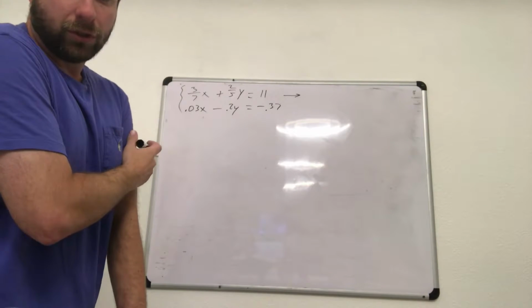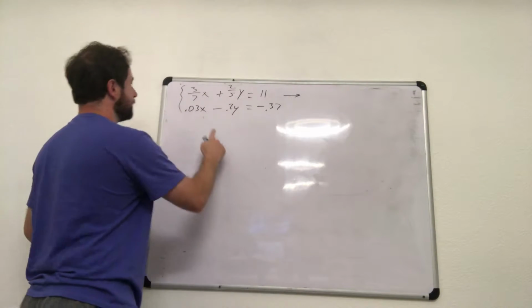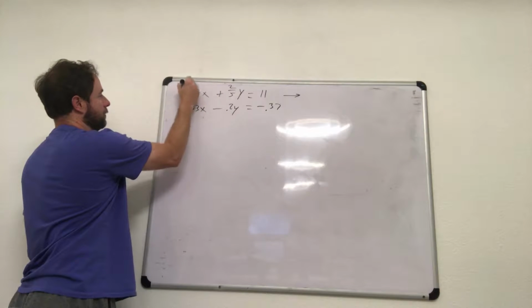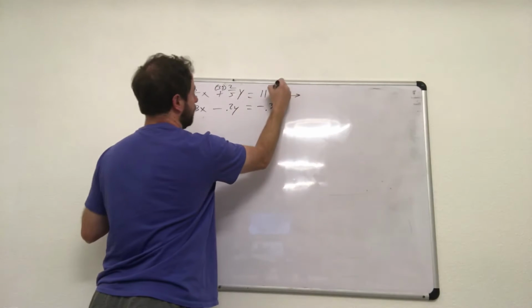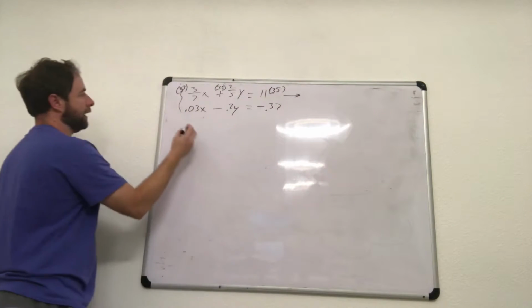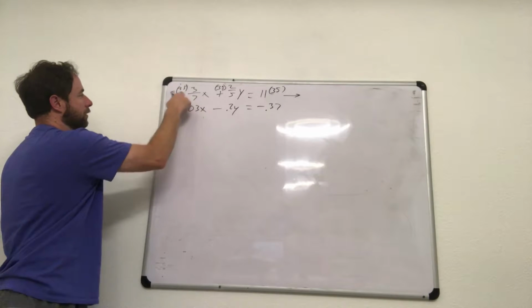Now, what you're going to do here in order to solve for this is you're going to multiply everything times what would be the common denominator. And what that will do is it will eliminate the denominator. So you're going to multiply everything times 35.